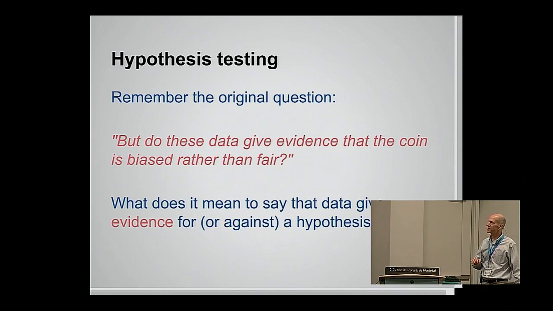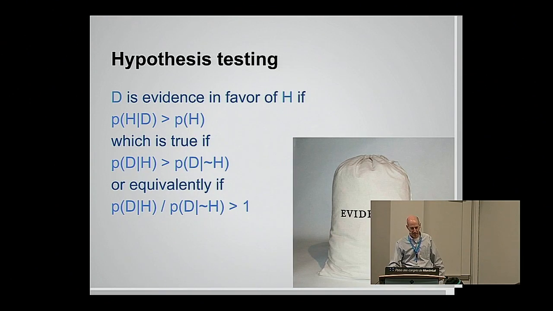What he asked is, do these data give evidence that the coin is biased rather than fair? To answer that, I have to start by asking, what does it mean to say that the data are evidence for or against a particular hypothesis? This is the usual framework. In a Bayesian framework, we would say that D is evidence in favor of H if the posterior is larger than the prior.